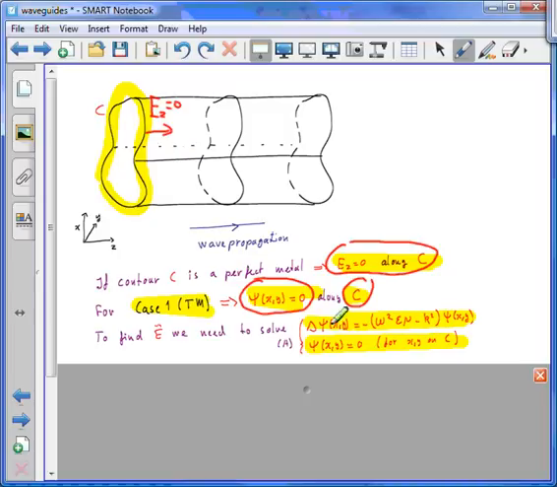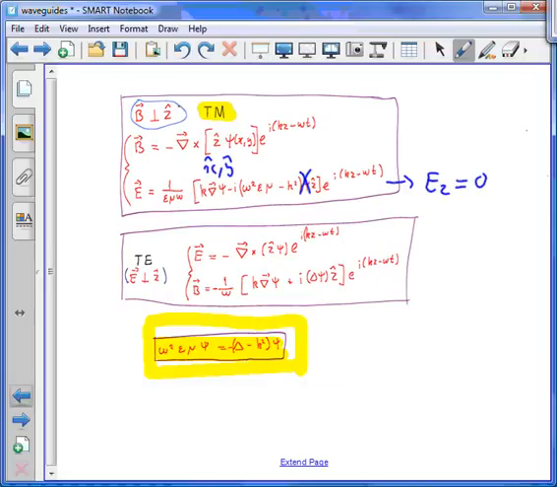And so by solving this, we get an expression for psi, and then we plug that back into the expression for E, so we can get an expression for the electric field in terms of psi, and then also an expression for the magnetic field. This is true for the TM case.